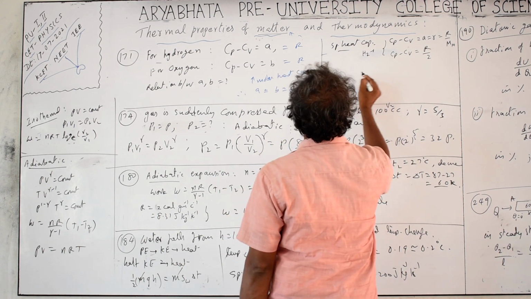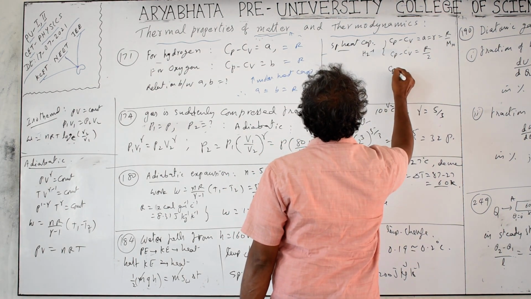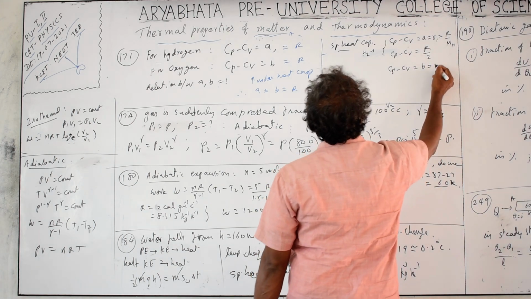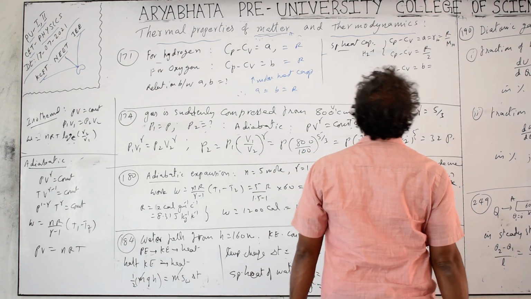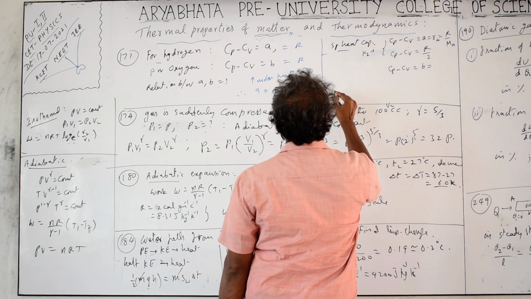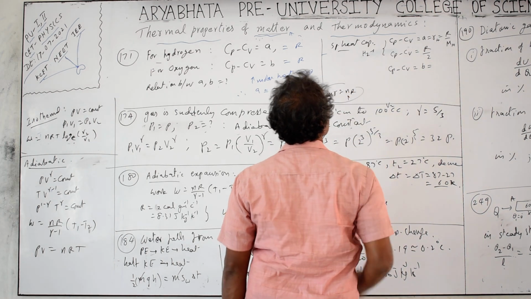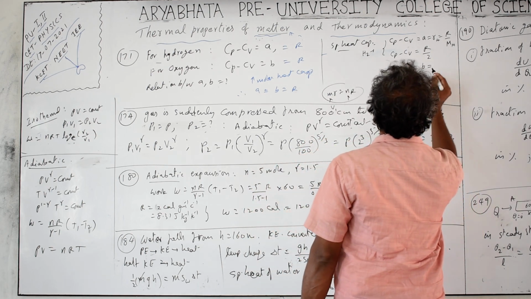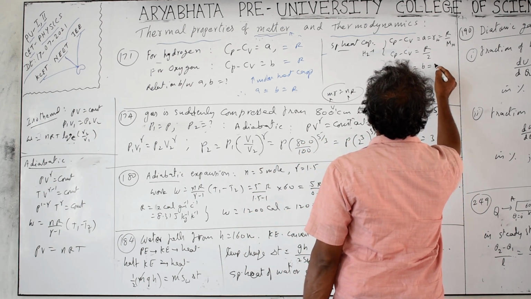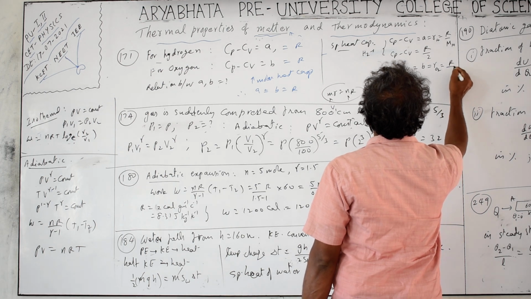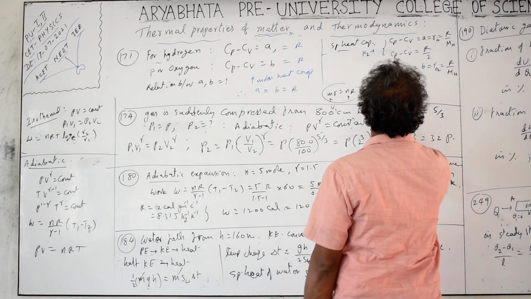Next for oxygen, Cp minus Cv equal to B. Small r is different for different gases. The relation is Mr equal to Nr; this is in terms of grams, and this is in terms of moles. B equals r of oxygen, which is nothing but R by the molar mass of oxygen.